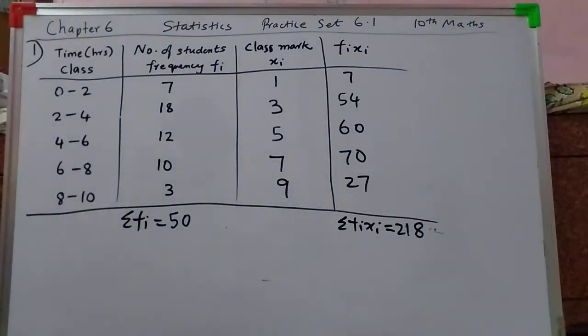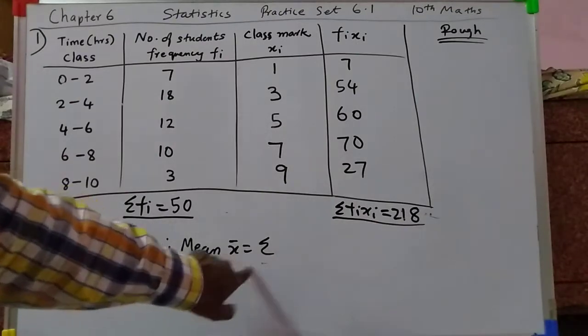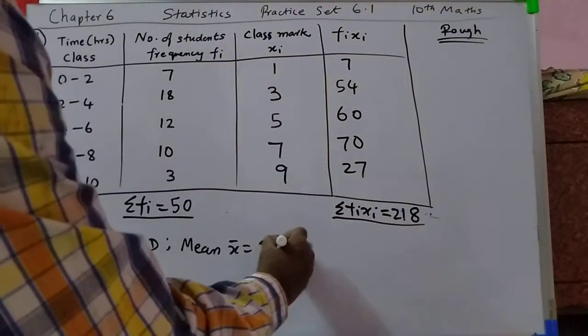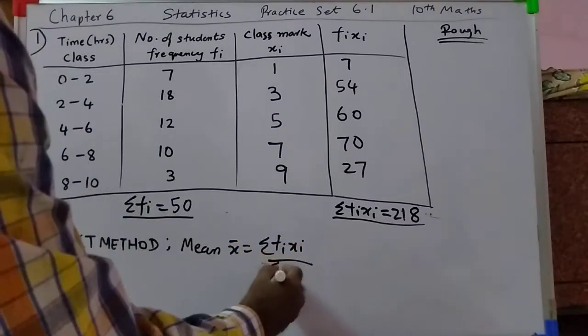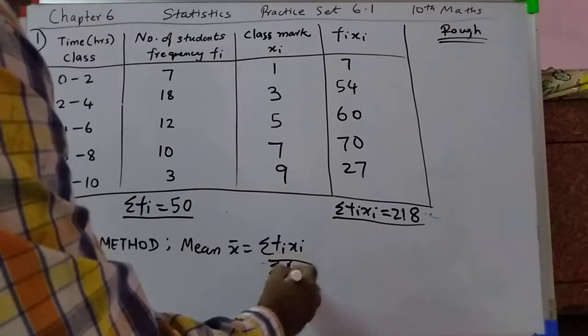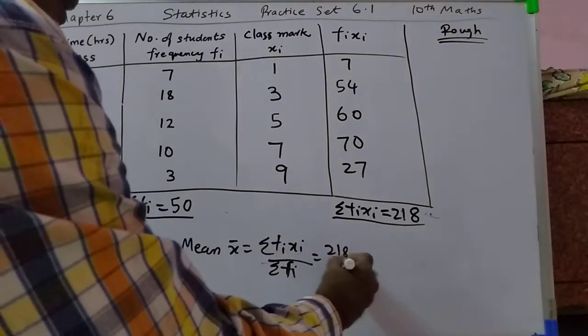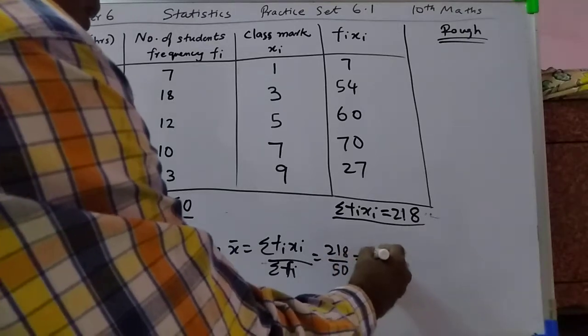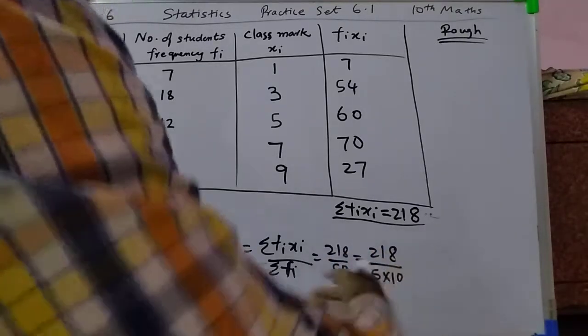Okay. Now we'll write the formula and do it. So for direct method formula, mean is summation of fi xi upon summation of fi. So that will become 218 upon 50. That is 218 divided by 5 into 10. Break it.